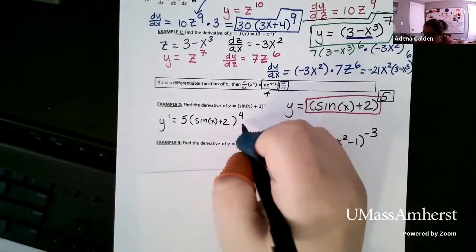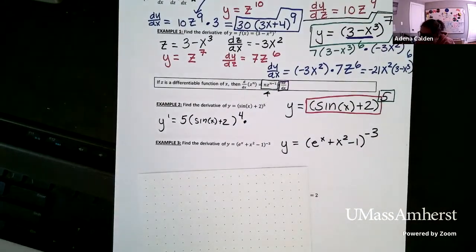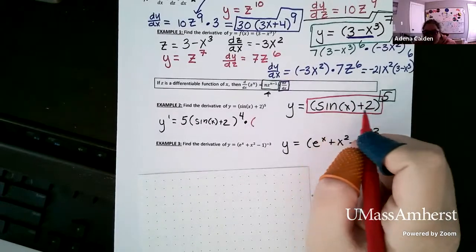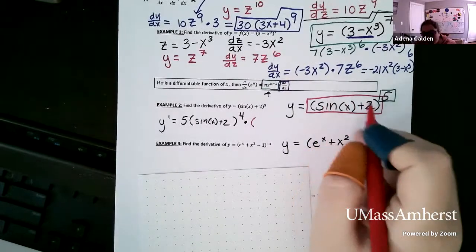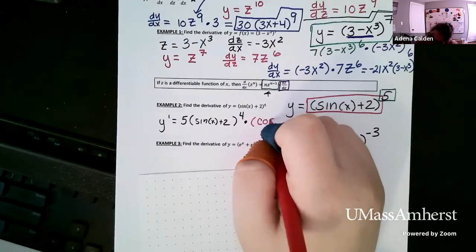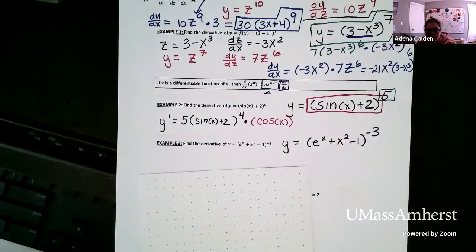But then I have to remember to multiply this by the derivative of the inside. When we say the inside, we mean the derivative of the base. So we look at the sine x plus 2, and ask what's the derivative of that? The derivative of sine is cosine, and the derivative of 2 is 0 because it's a constant.